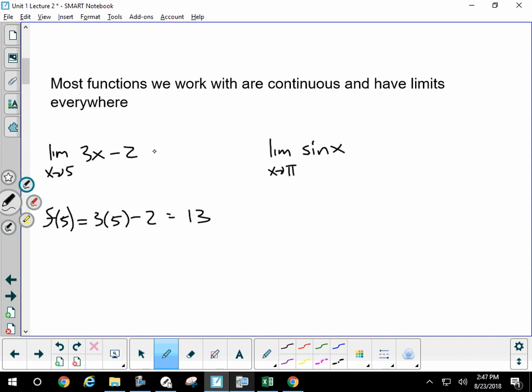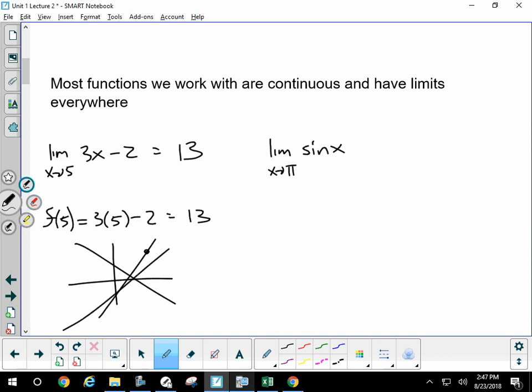That's the function value. Guess what? That's also the limit. We don't have to know that the graph of 3x minus 2 looks like this. We don't have to know that at 4.9999 we're at 12.999. We have the function value and we are approaching that function value. Okay? So we don't need that.